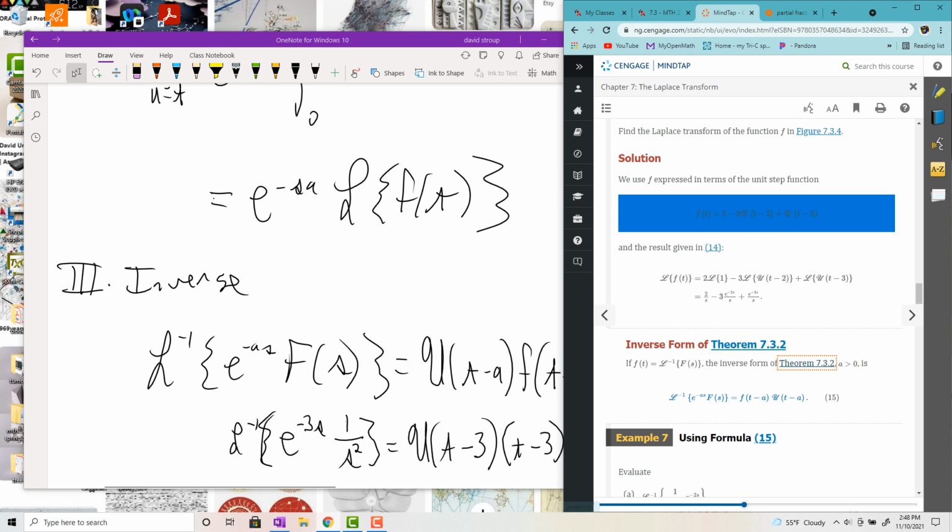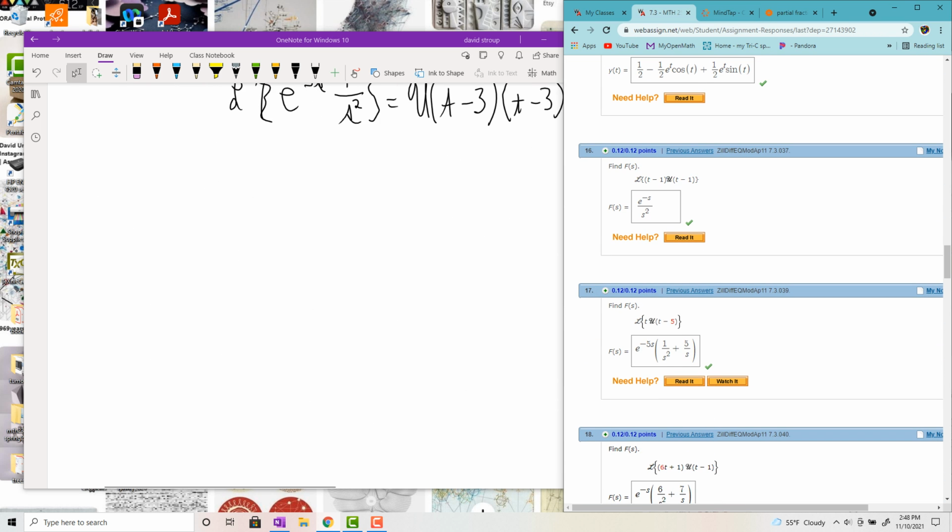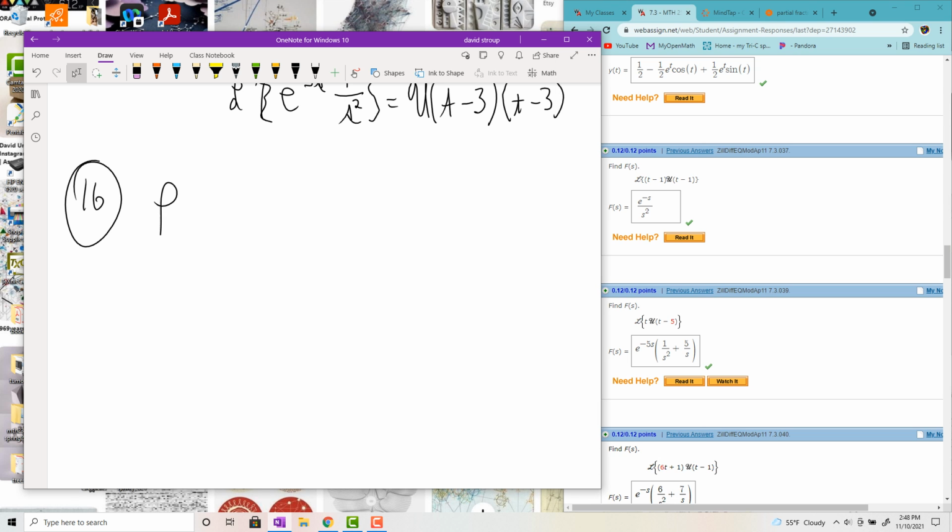Let's dive into the homework and fiddle around with that, shall we? Number 16, doing a Laplace transform of t minus 1 times u of t minus 1. This one is kind of set up for you.